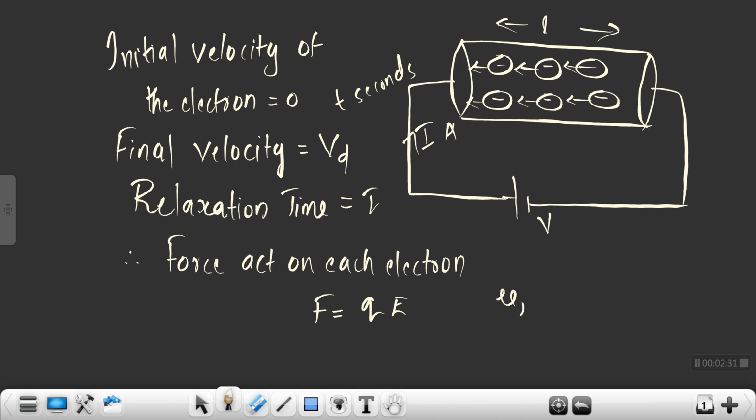We know that the intensity of electric field is equal to F by Q. From this equation, we can find the equation for force, F is equal to Q into E. And here the charge is provided by the electron, so this charge can be replaced by the charge of the electron, that is minus e. So the equation for force is F is equal to minus eE.